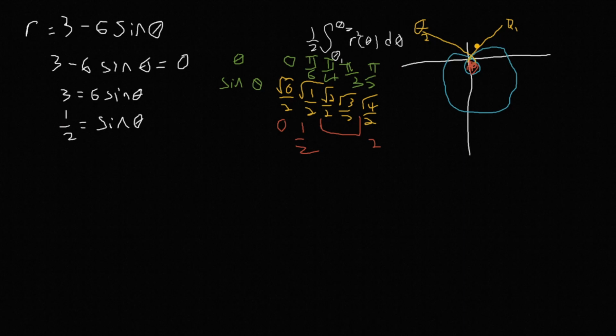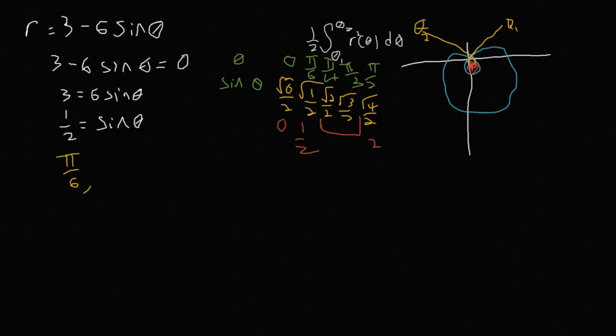So we have this angle right here is pi by 6. And the other one will also have a reference angle of pi over 6, but it appears to be in the second quadrant.